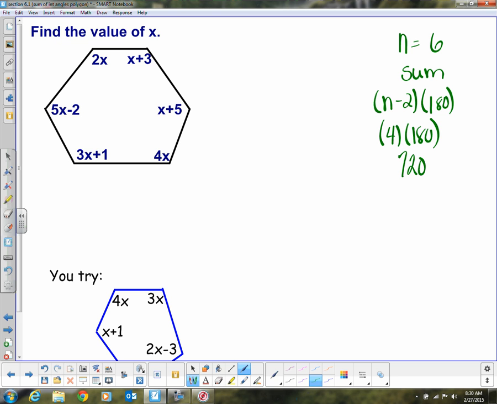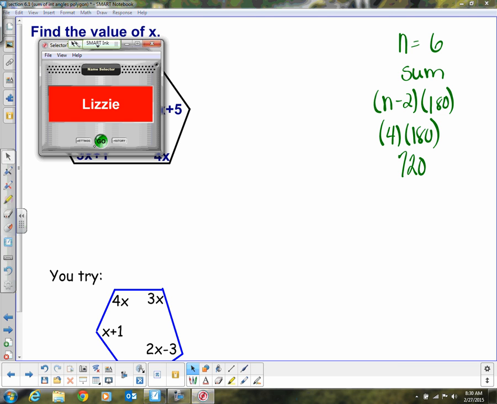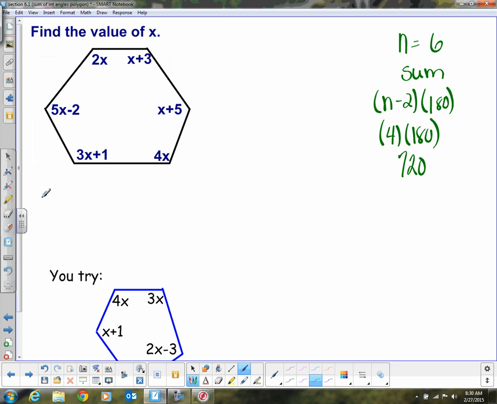Okay. Now that I know the sum of all of them, what equation do you think we're going to write, Alexandra? What equation am I going to write to find the value of x?